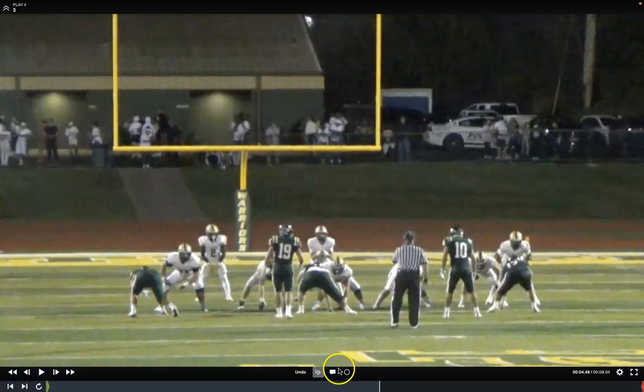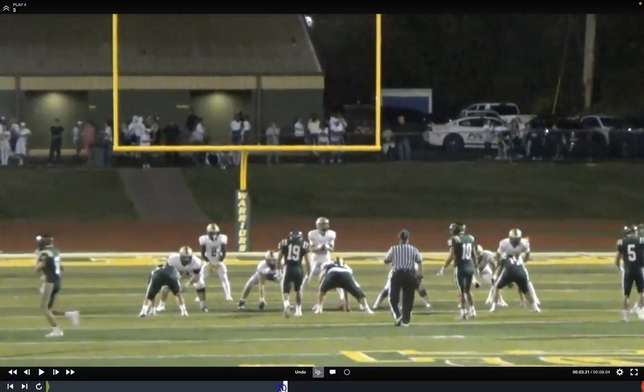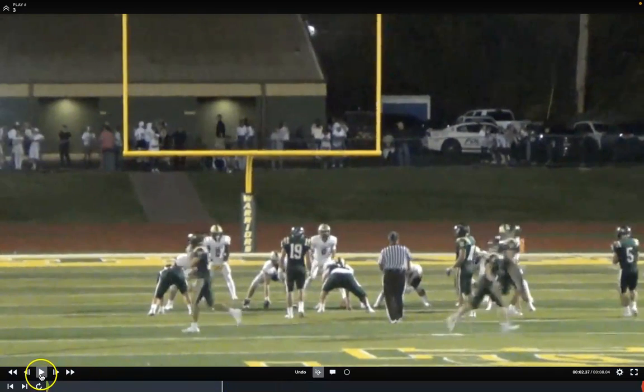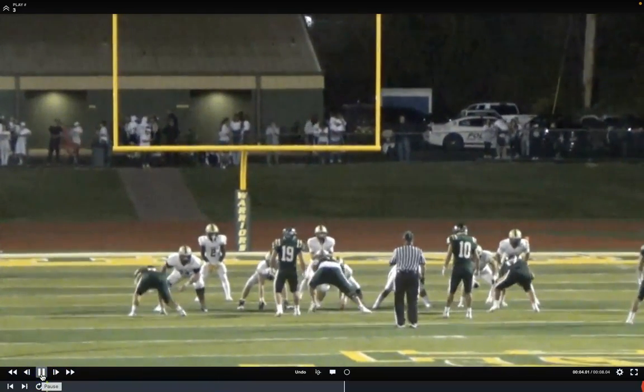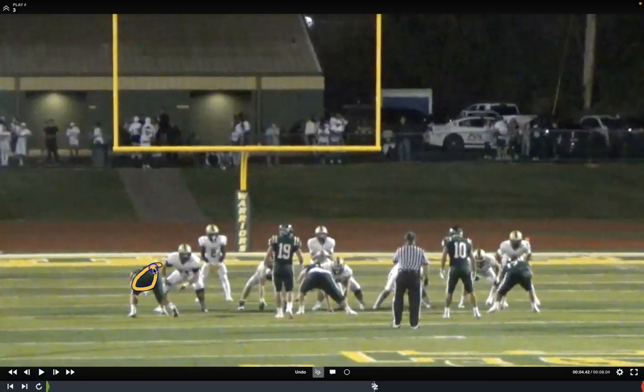Completely legal. The defensive end switches hands. We have very slight lateral movement. That's where, again, we would put this on the defense, on the left defensive end, as a delay of game.